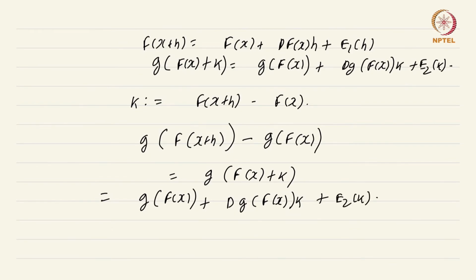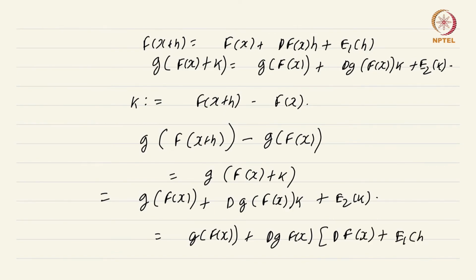Right, so far nothing but basic algebraic manipulations, and this is nothing but g of f of x plus dg at f of x, and k is nothing but f of x plus h minus f of x, so this is nothing but df of x plus e1h.